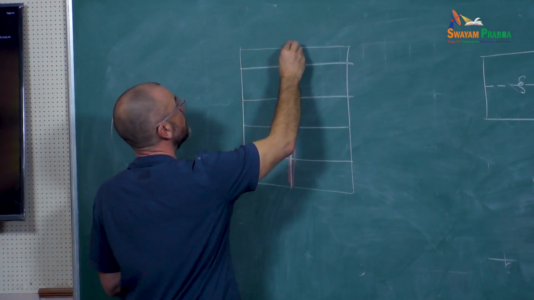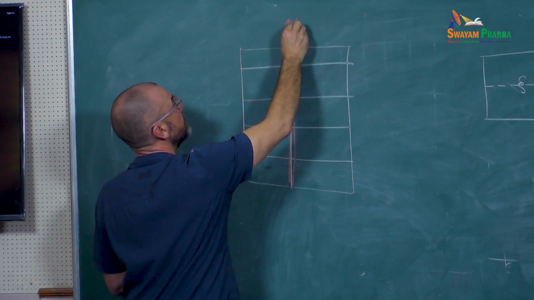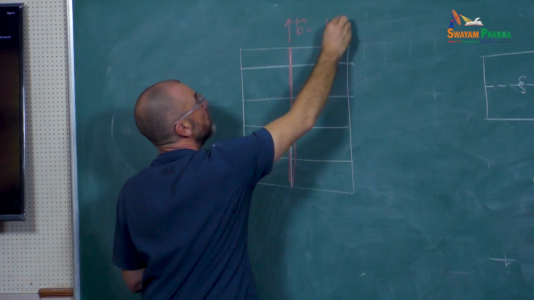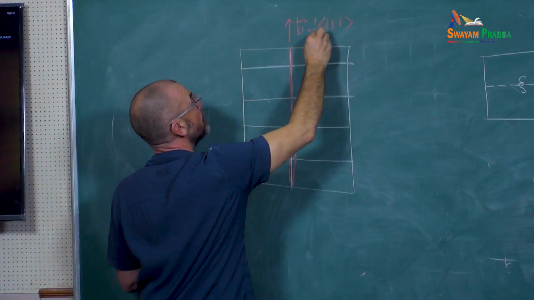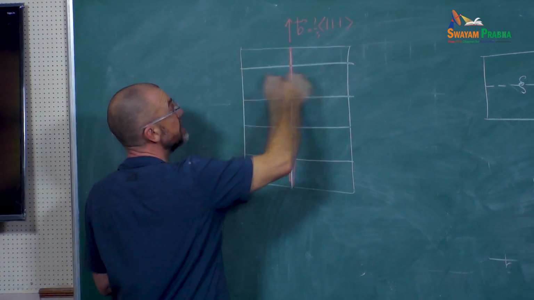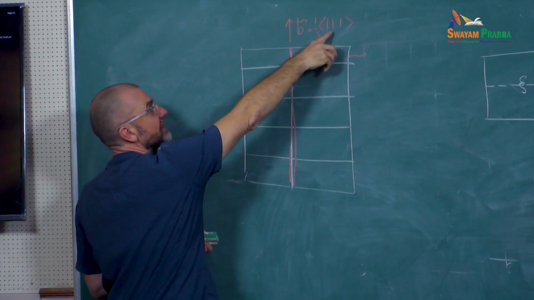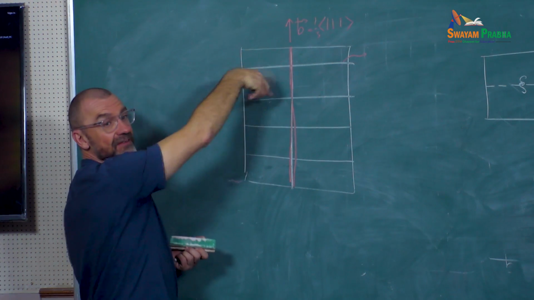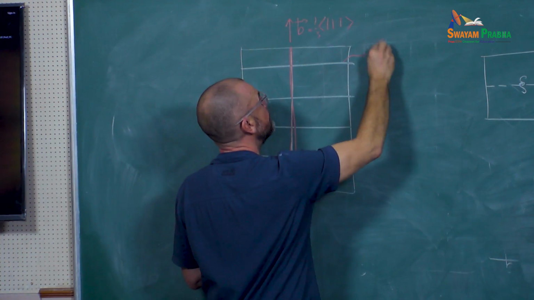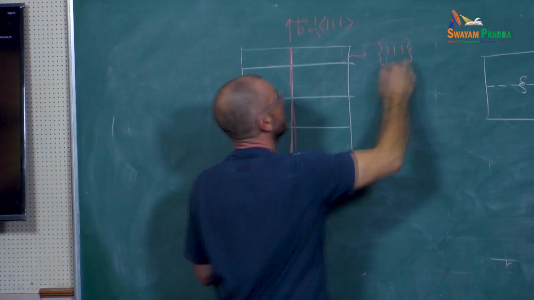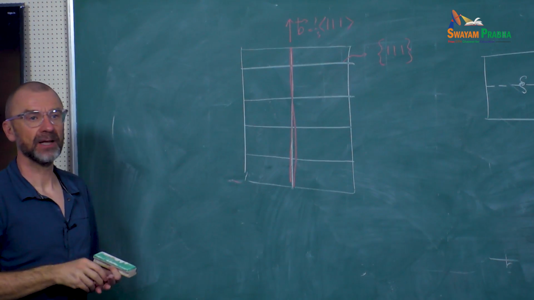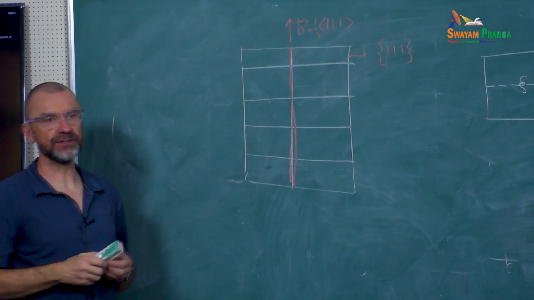For example, if we are in BCC, the Burgers vector will be a third of 1, 1, 1. And these planes have the same indices. Since everything is perpendicular, this would be 1, 1, 1 planes, right? So this is before I introduce the dislocation.